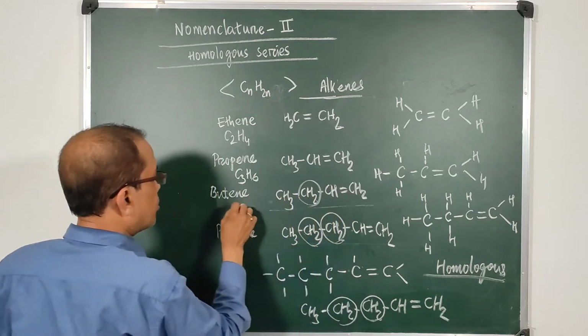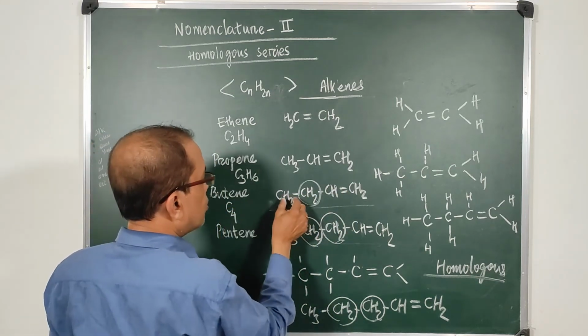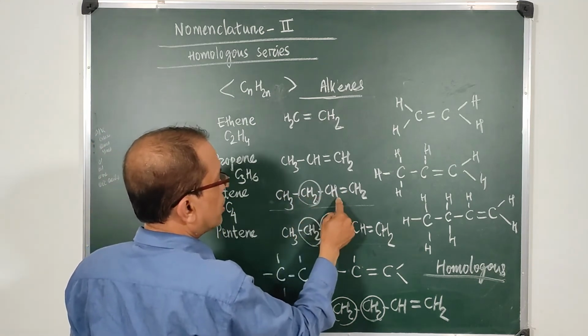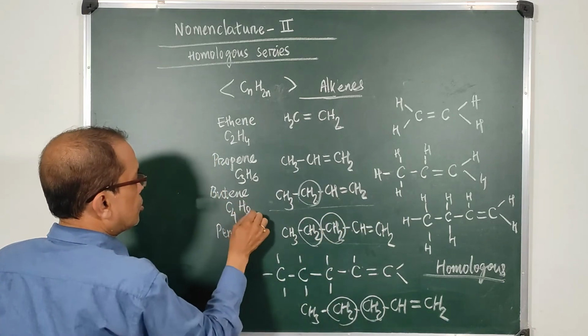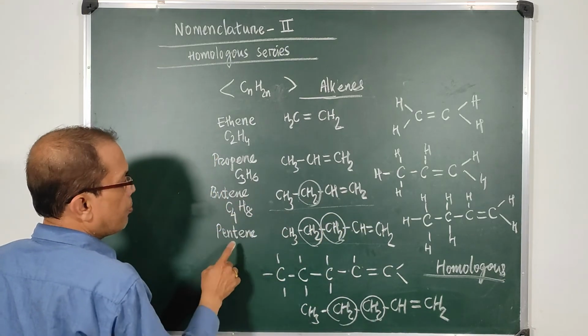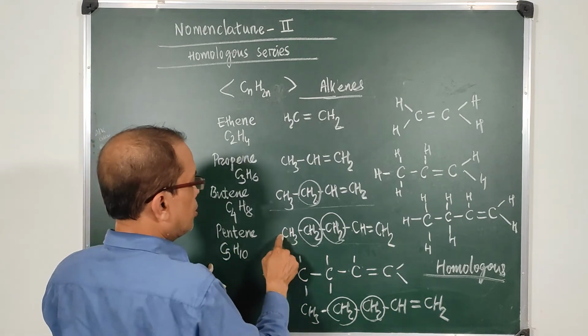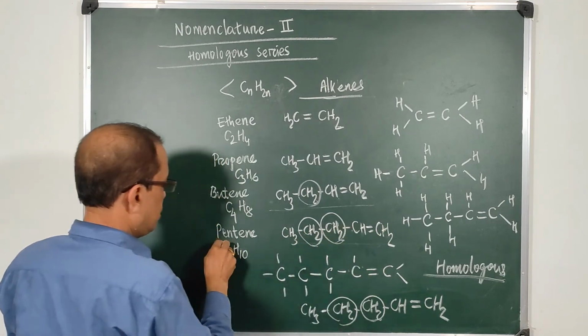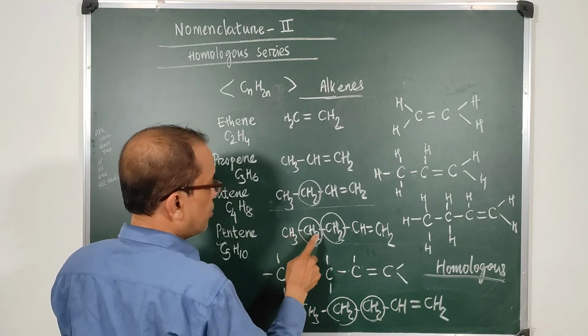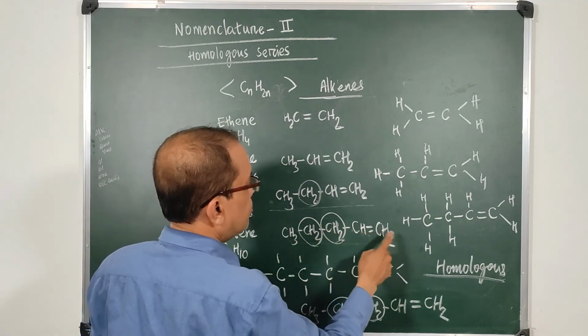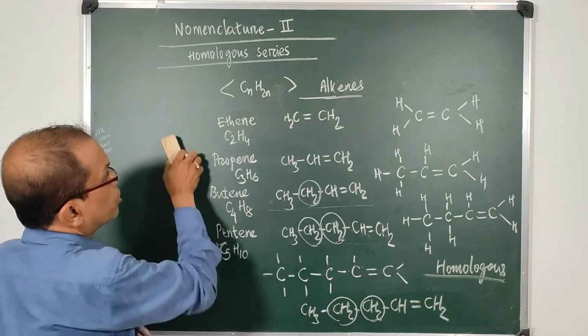Here there are 4 carbon atoms and the number of hydrogen atoms is 3 plus 2, 5 plus 1, 6 plus 2, 8. So C4H8. Pentene should be C5H10. Look here, C 1, 2, 3, 4, 5, so it is okay. And hydrogen 3 plus 2 plus 2, 7 plus 1, 8 plus 2, 10. So this also obeys the same rule.